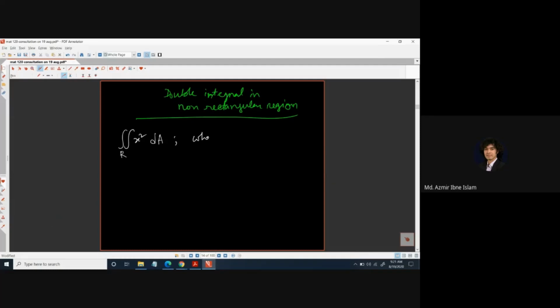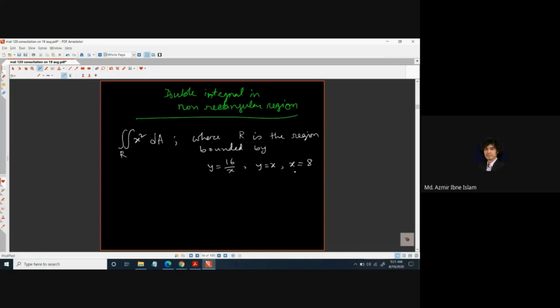Here we have to evaluate this integral where R is the region bounded by y equal to 16 over x, y equal to x, and x equal to 8.